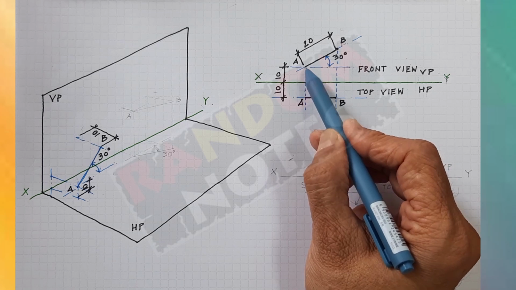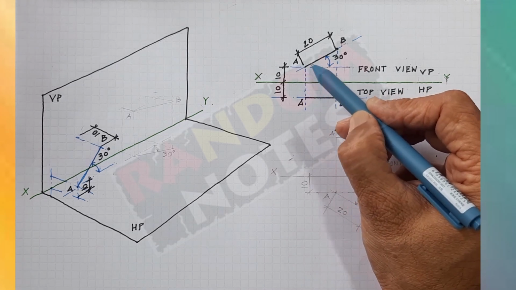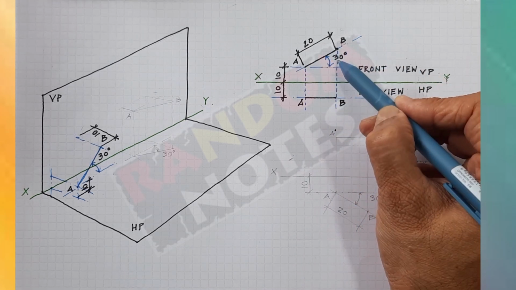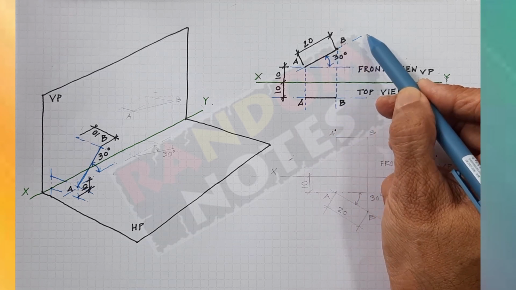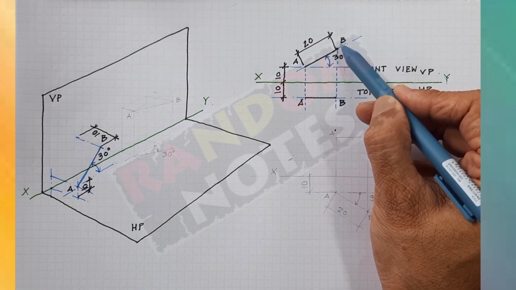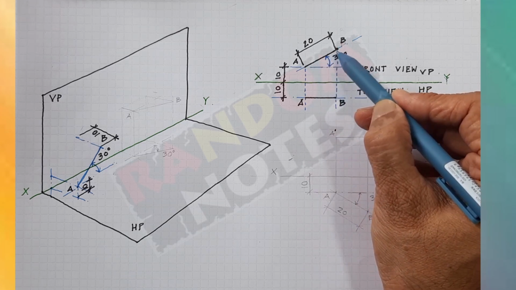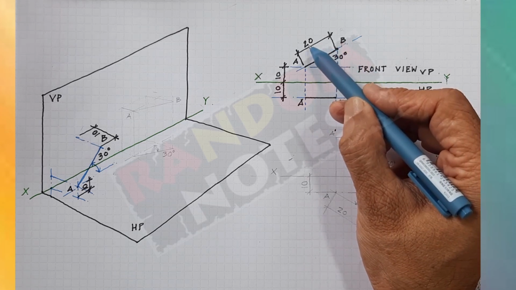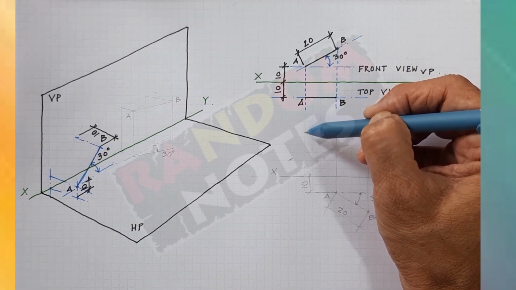I identified a random point A on this line. I drew a reference line at an angle of 30 degrees. Point A was identified. On this reference line, I took a distance of 20 mm, identified point B. When I joined these two, line AB was achieved of length 20 mm. I took down projection from point A down to the horizontal plane.